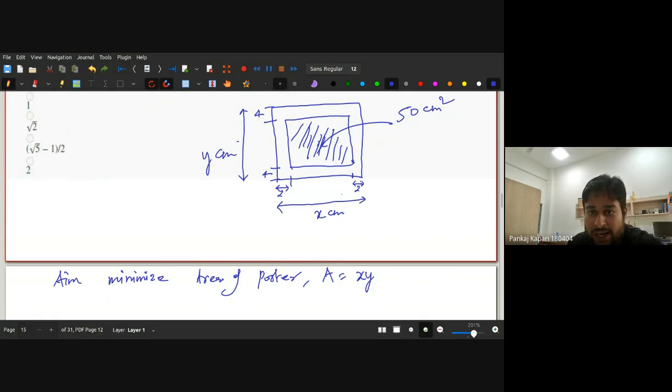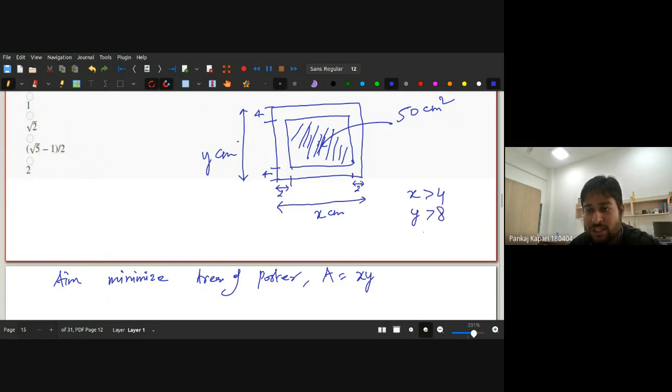Now notice that x must be greater than 4, because on the left hand and right hand side you are leaving a margin of 2. If you add this, you get the condition that x must be at least 4. Similarly y must be at least 8.